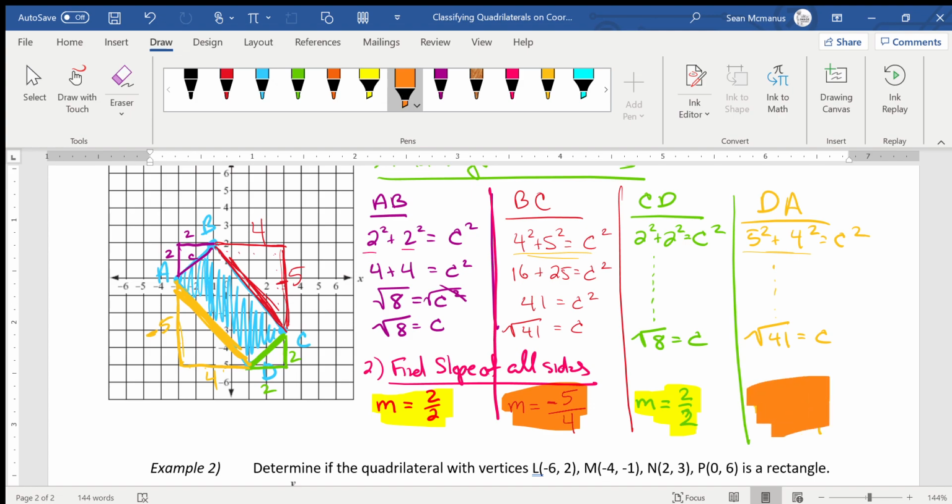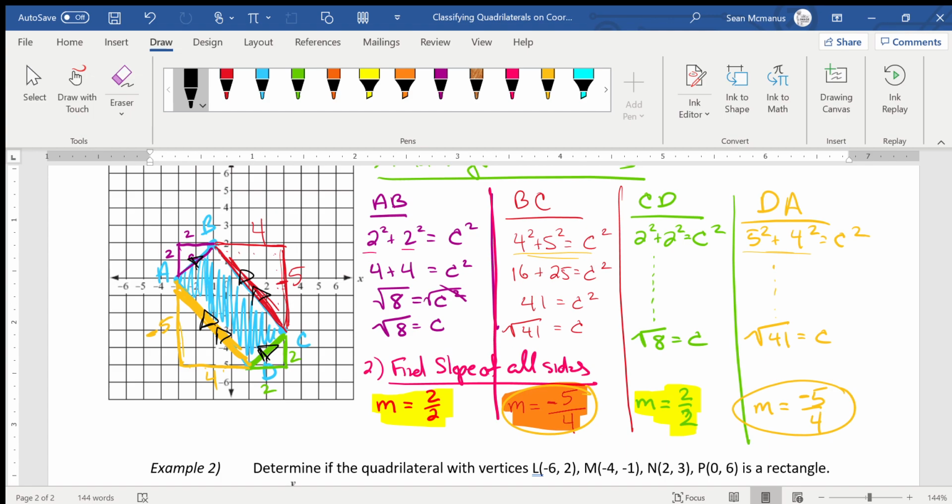BC and DA, that's a little too dark there. This guy here and this guy here, those are parallel. So I know I have parallel sides on the short ones. I know I have parallel on the long ones. So I have a parallelogram.